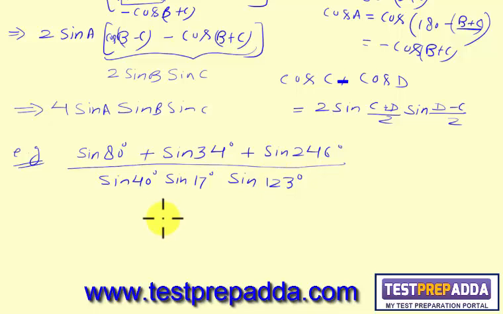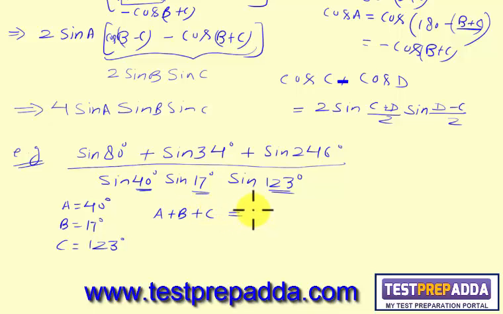Okay, so here if you check these angles carefully, and if I assume A as 40 degrees, B as 17 degrees, and C as 123 degrees, my A plus B plus C comes as 40 plus 17 plus 123, and that value comes as 180 degrees.